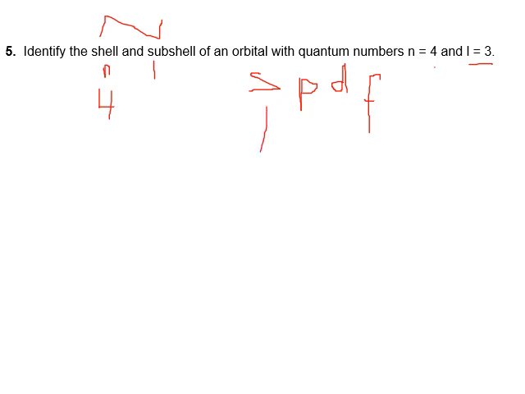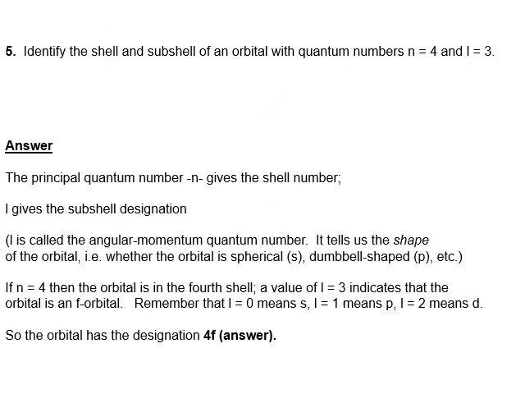As we said before in the lecture notes, S is associated with the number 0, just so we can assign a number to it, so that we can say at the end of the day that we have 4 numbers that we're assigning to each electron. And so they just go 0, 1, 2, 3. The only trick is you have to remember that they start at 0, not 1. So if it's 3, then that means it's F, so this is 4F. And that's all we're doing here. That's pretty easy. Next slide. And here's your answer.